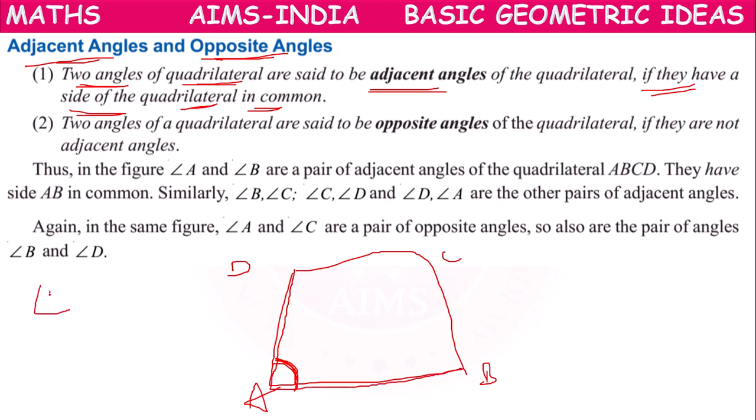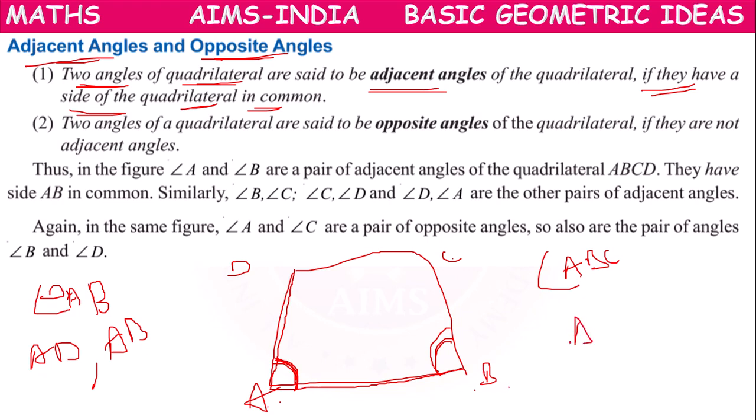So actually it is called angle DAB, which is formed because of line segments AD and AB. Or if we take the second angle, we can call it angle ABC, formed by line segments AB and BC.